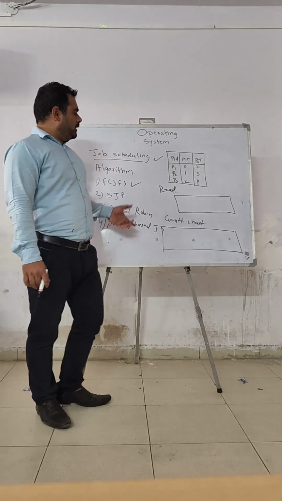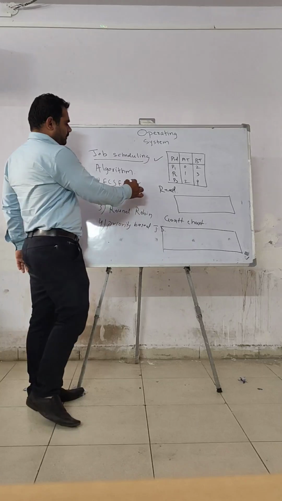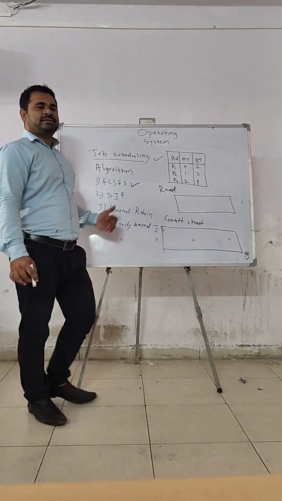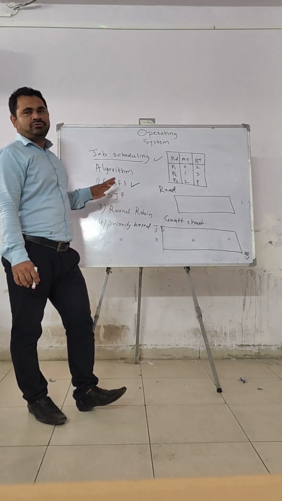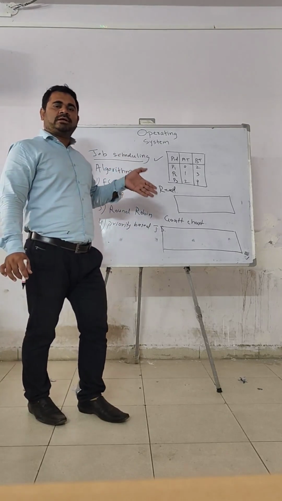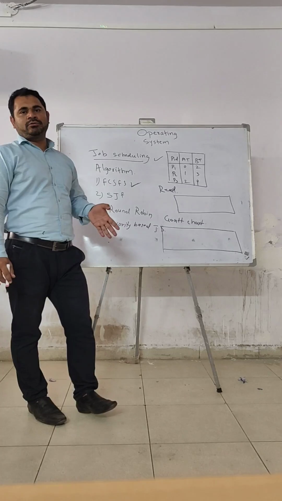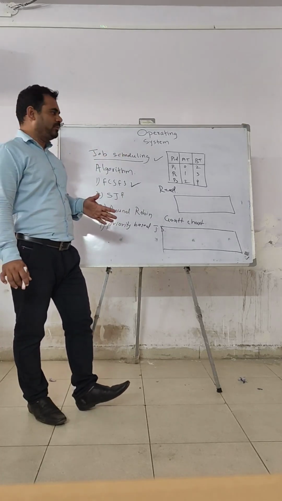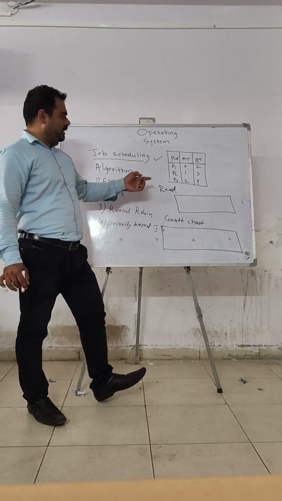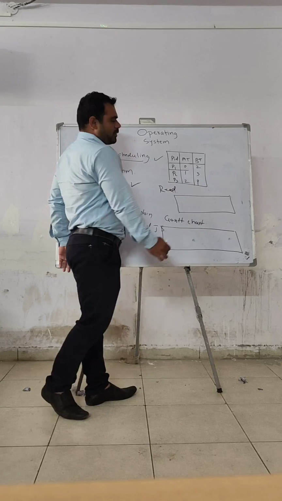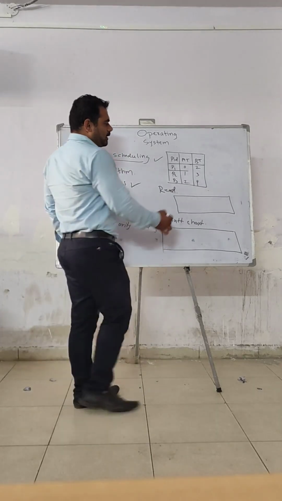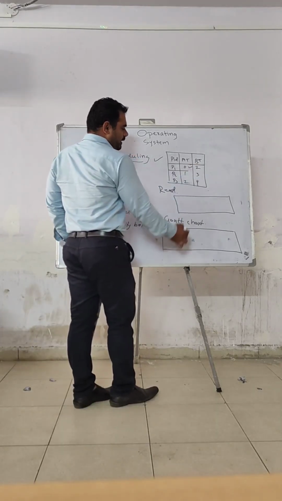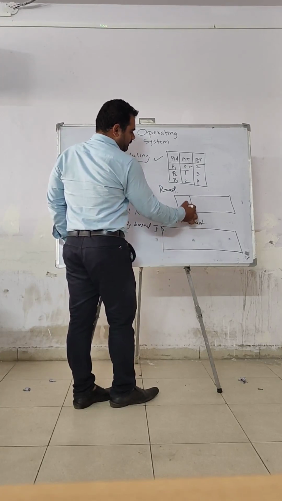We are following the first job scheduling algorithm, that is FCFS, in which we see which process comes first into the ready queue. That process we will execute first. So we can see here process P1 comes at 0 millisecond into the ready queue.